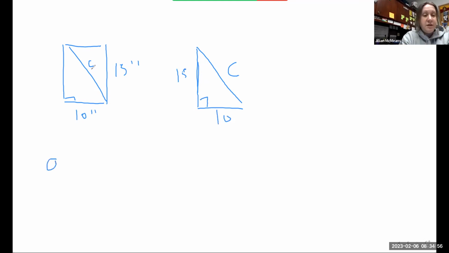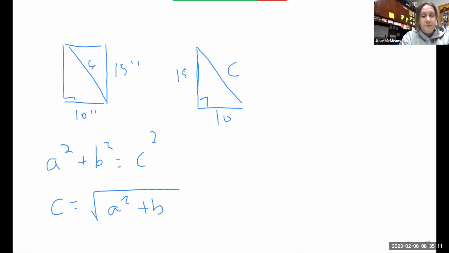The actual Pythagorean theorem is a squared plus b squared equals c squared. The shortcut we have on the formula sheet is that C, what we're looking for, is the square root of a squared plus b squared.